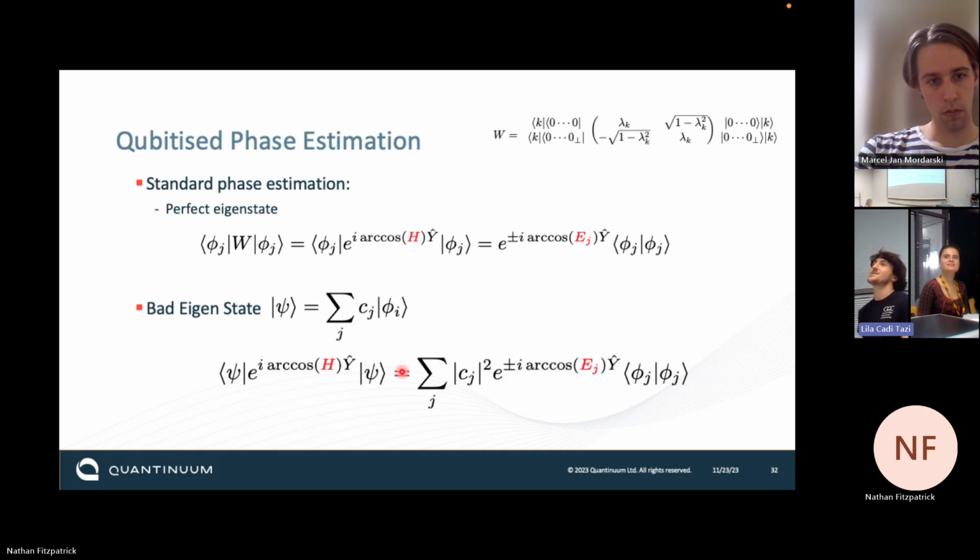Okay, so this is what you do. W is that reflection operator, this guy. When it acts on the eigenbasis, it works in a very similar way to how phase estimation works.